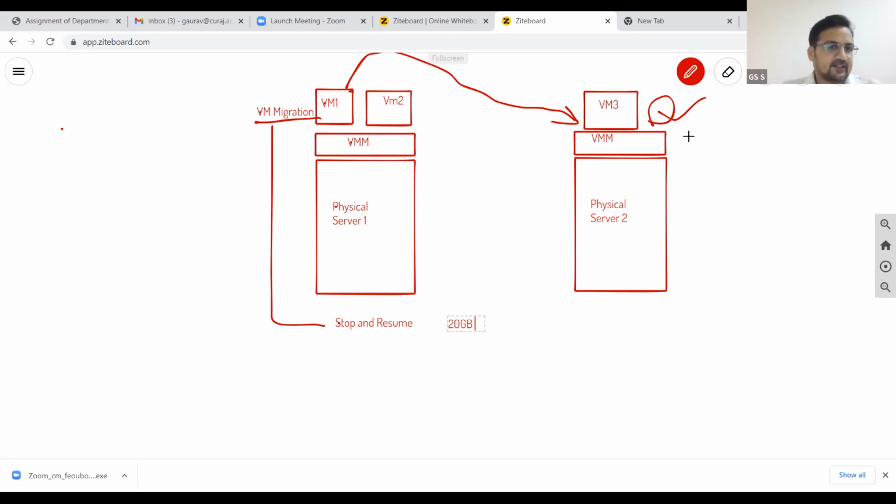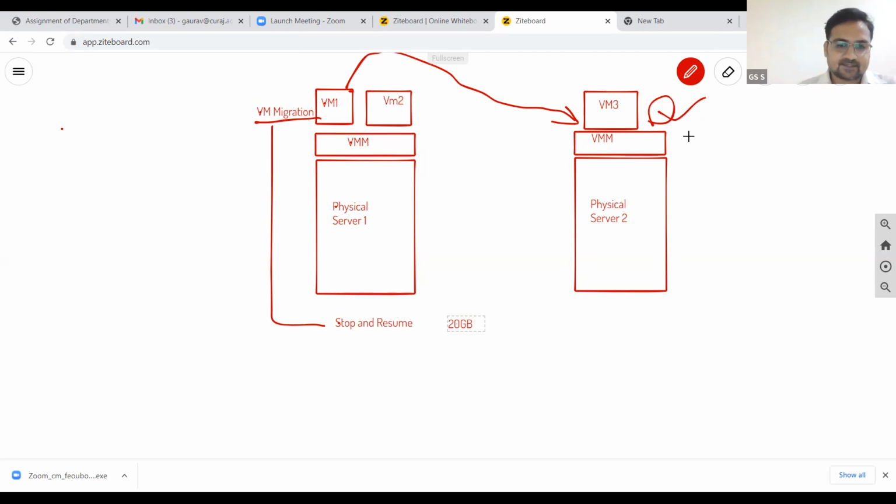But it will work fine. But in the cloud, when you want to do this, who will go and take a copy of virtual machine 1 and paste it on another physical server? It is not possible, right?